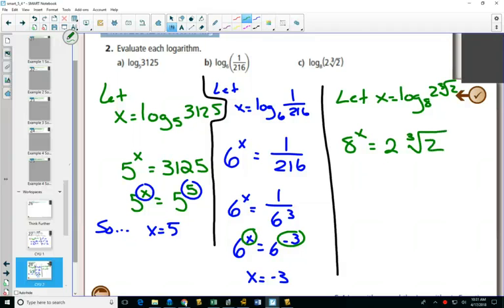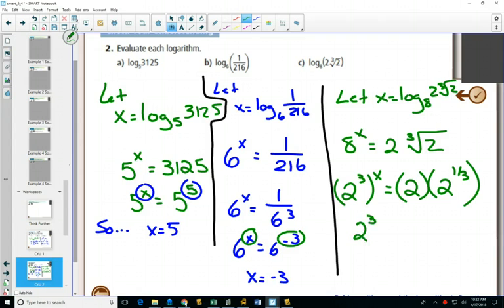On your powers chart, are 2 and 8 in the same column? Yes, they are. So I can change the 8 to 2 cubed. I can change the cube root of 2 to 2 to the 1/3. And then I can use my exponent laws. So this side will be 2 to the 3x.